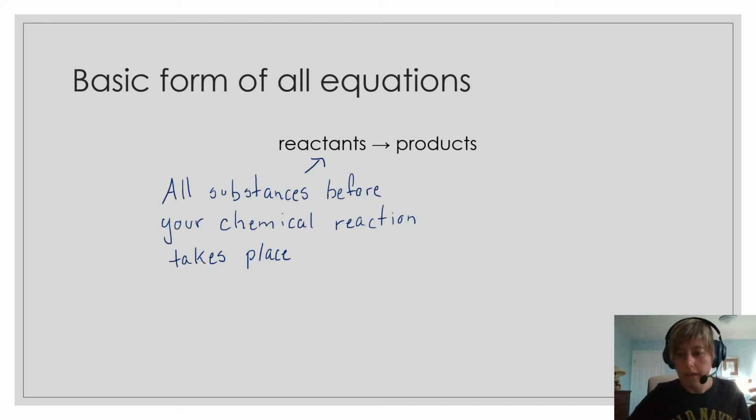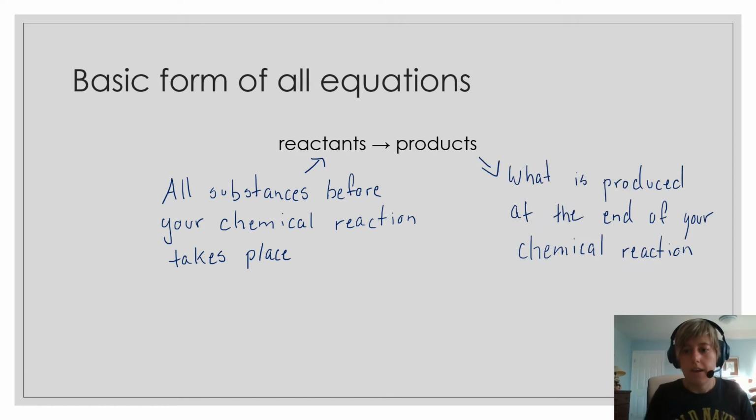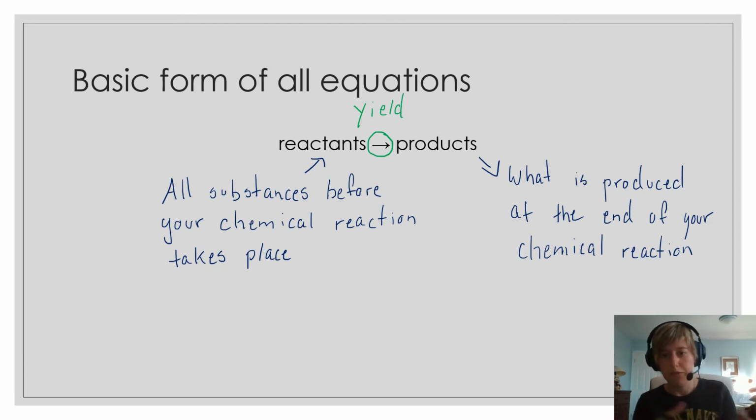And your products are, just like the name suggests, what is produced at the end of your chemical reaction. Now, in between your reactants and your products, you have this symbol right here, which is a yield symbol. And yield is basically saying that your reactants come together and formulate your products.